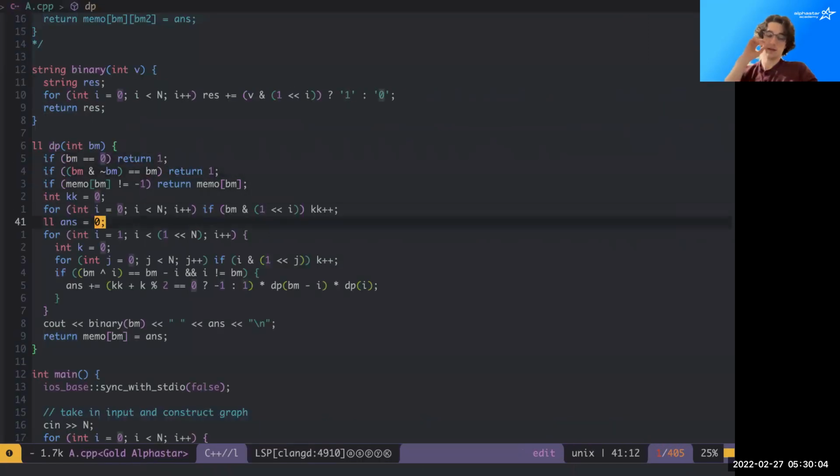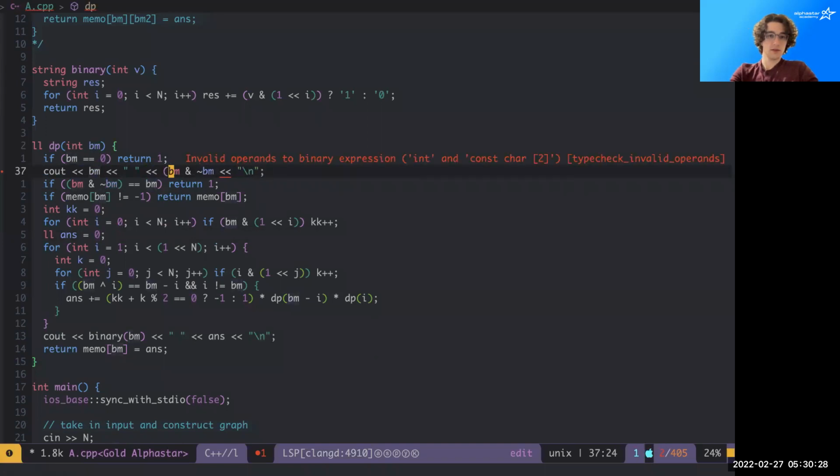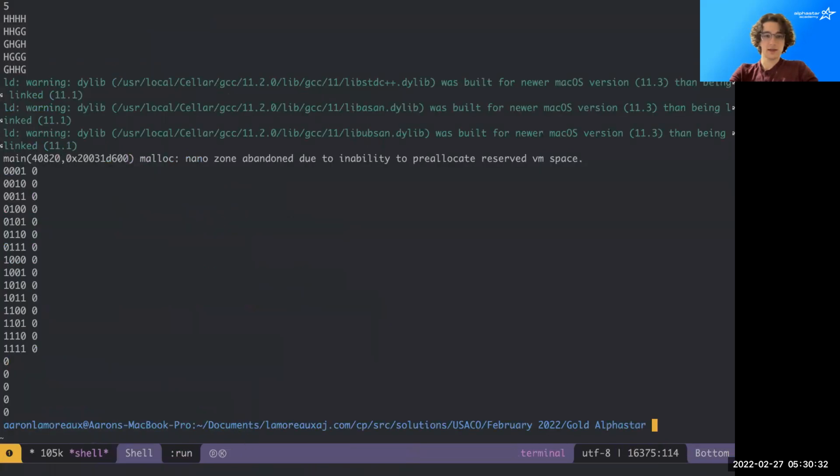Well, that doesn't seem right either. In the base case, it's here, and we can see how this gets handled.